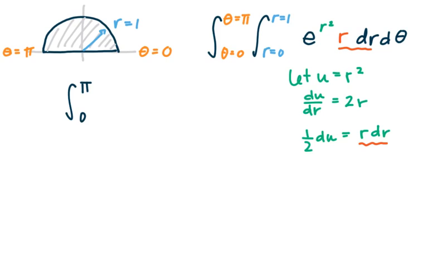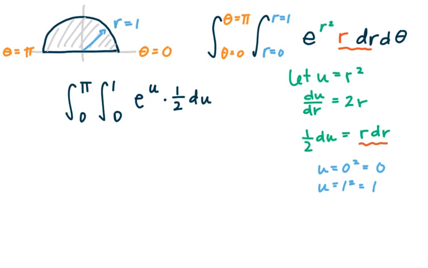I'm going to make sure that I change my bounds as well. So u equals 0 squared is still 0. u equals 1 squared is still 1. I performed a calculation to turn these r's into u's. It just so happens that they remain the same. So I've got the integral from 0 to 1 of e to the u times 1/2 du d theta.